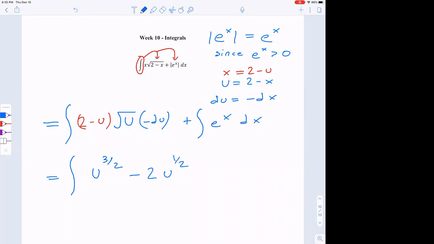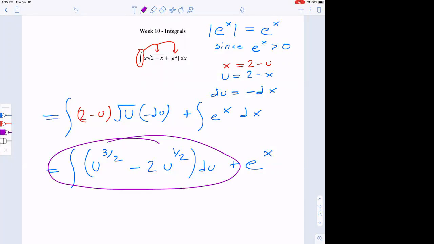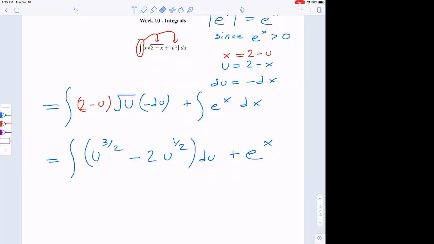I kind of like dealing with powers instead of roots, just for taking these integrals. And then we can just go ahead and take the integral of e to the x. And I suppose when we do that, we should write a plus a constant, but maybe on second thought, a constant will come out of this anyway, so we can save ourselves the trouble of writing the plus c just yet.